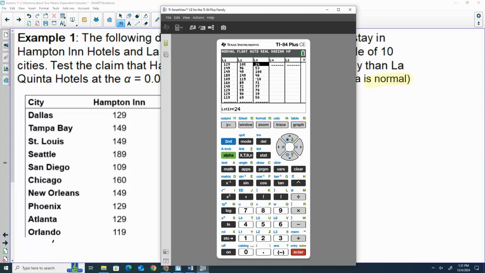As a little side note, I could ask you questions about that set, like the mean of that list or the mean of the difference. We've done that in the past. Remember when we go into our one variable statistics? If I asked you to find the mean of that list, you could very easily go back to calculate one variable statistics, but which list would I want it to be based off of? 3.